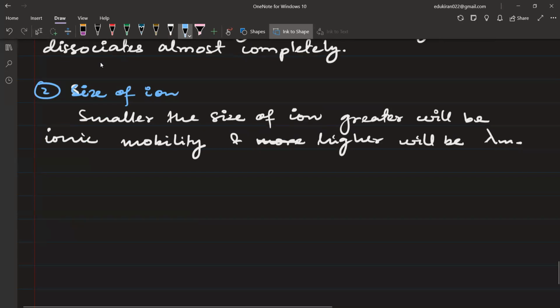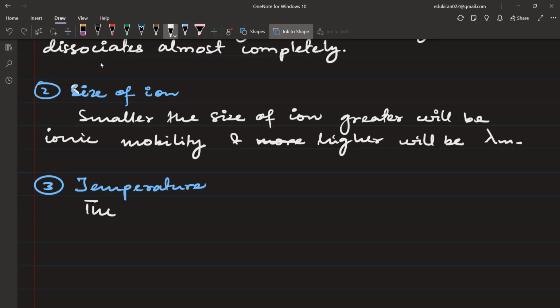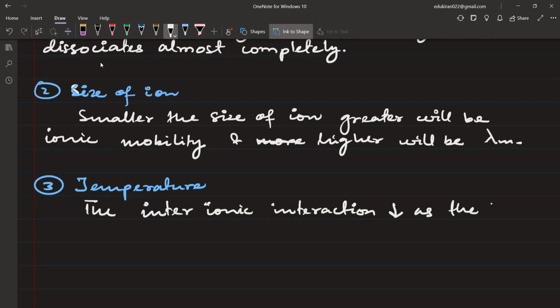Third point, temperature. The interionic interaction decreases as the temperature increases. And when ions are not interacting with each other, they are free to move.